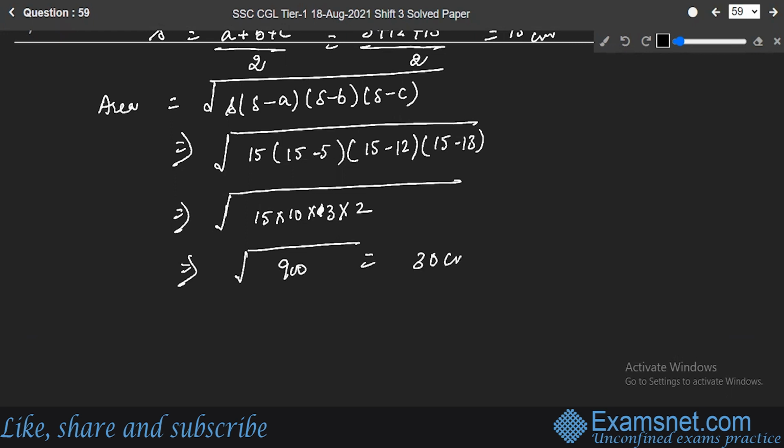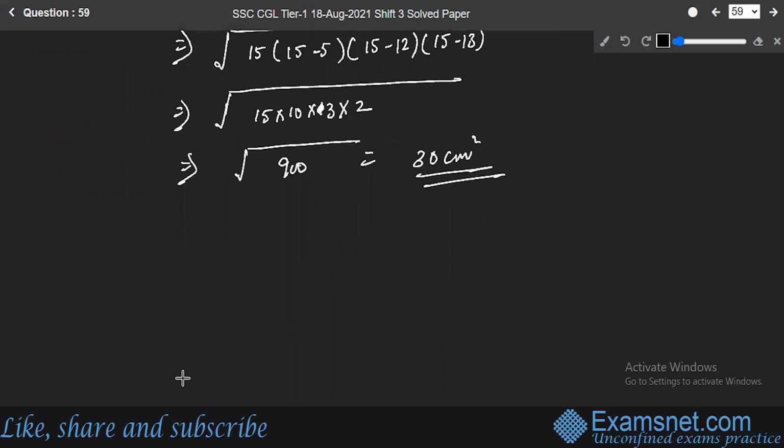So the root will be 30 centimeter square. The area of the triangle comes out to be 30 centimeter square. This is according to Heron's formula. Also, you know, area of a triangle is equal to half into base into height.